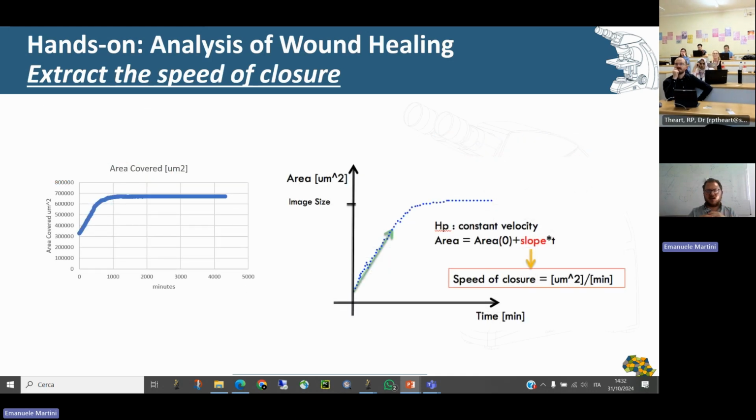If we go directly like this and ask Excel to extract the slope from this data, to obtain the fitting line and then give us the slope, what will be the problem? If someone has some idea about which problem we can get if we directly fit a line using this data.